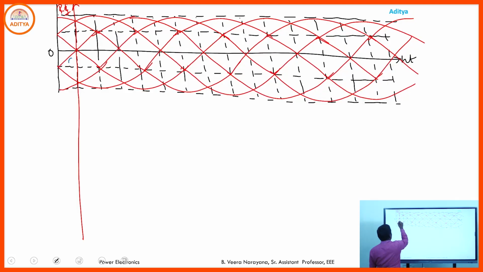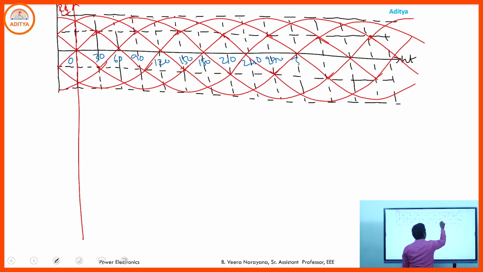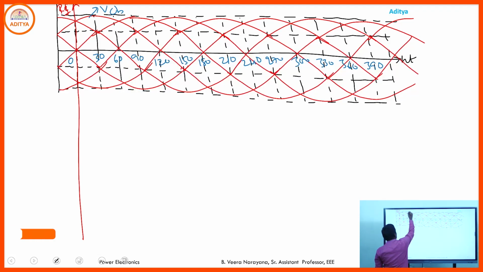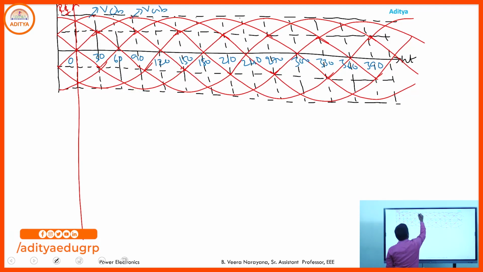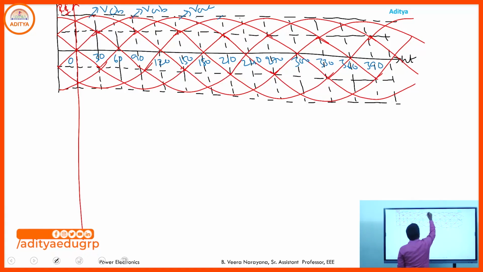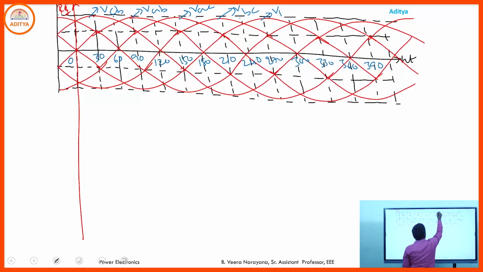Here it is G, this is 0, 30, 60, and this one is VCB, it is VAB, VAC, VBC, VBA, VCA, VCB.